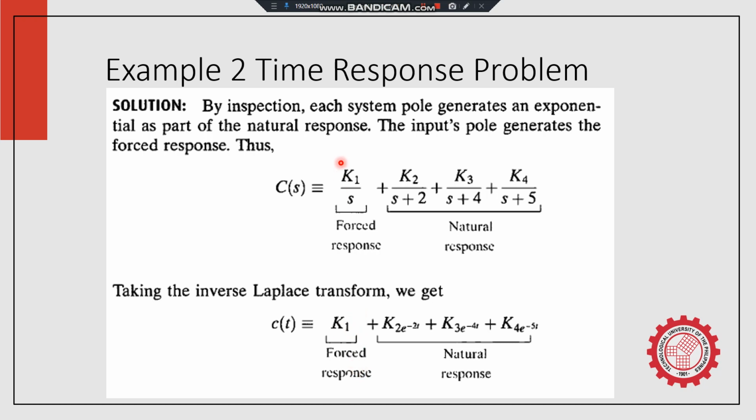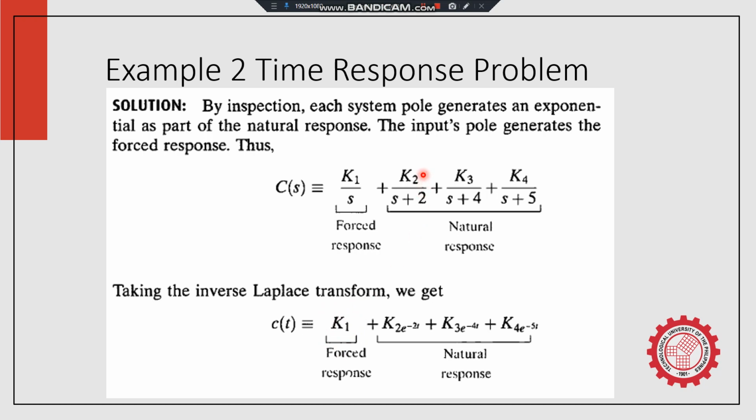I want you to notice that whatever the numeric coefficients in the numerator of C(s) are, that would be the same. Since the input is a step function, we always have a 1 for the inverse Laplace here, times K1.